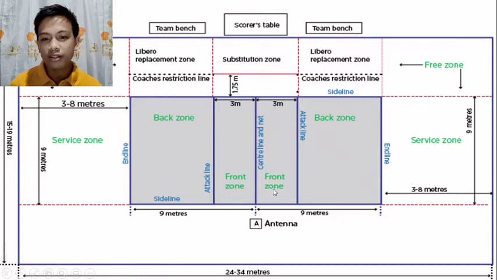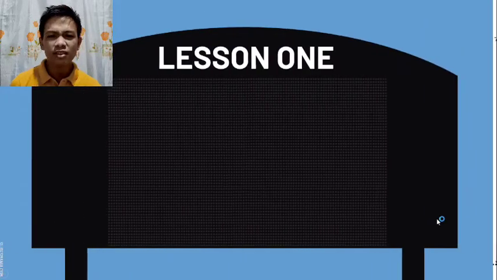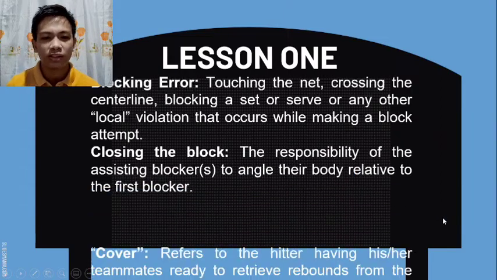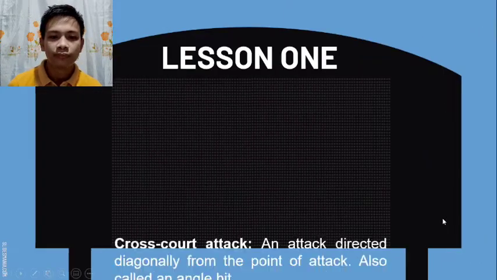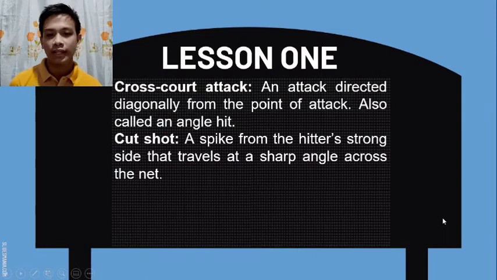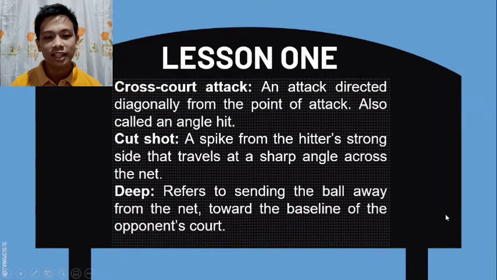So, from here, spike here going here, or dun sa cut shot naman, very sharp. Kung dito galing yung spiker, could be nandito. Diyan. That's cut shot. Somehow related naman siya. Okay, cut shot. That's cut shot.